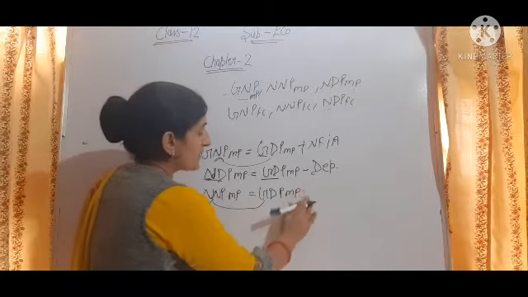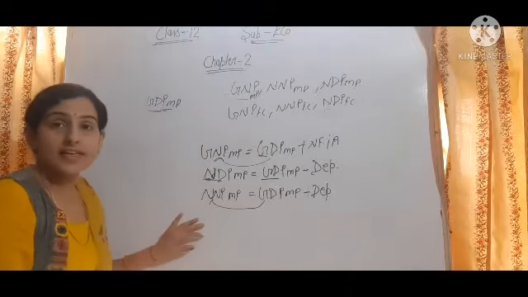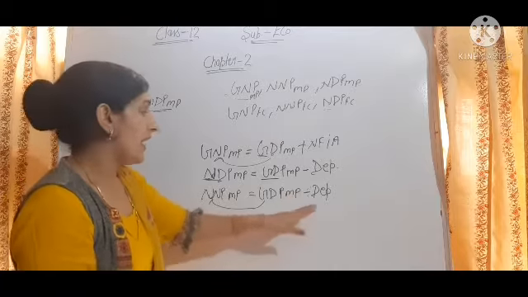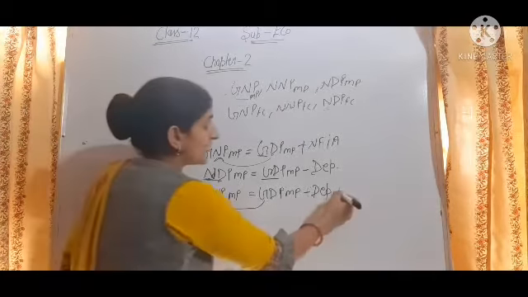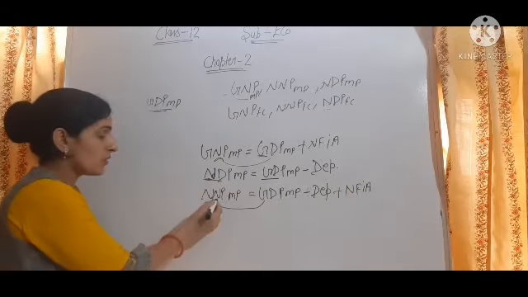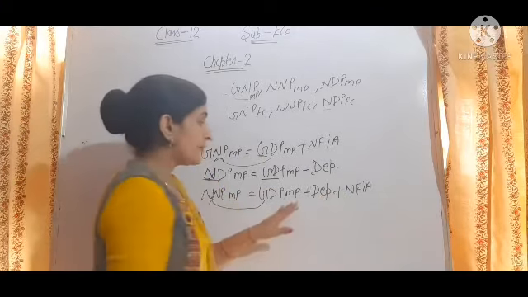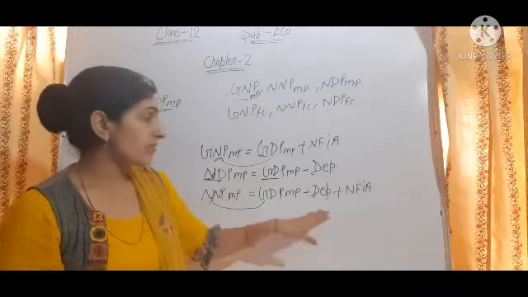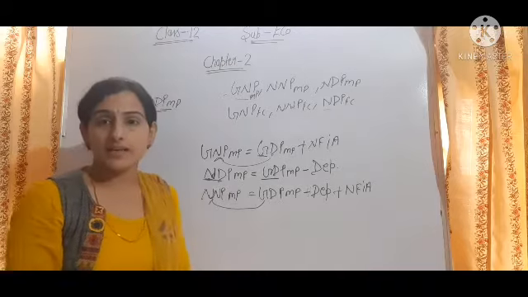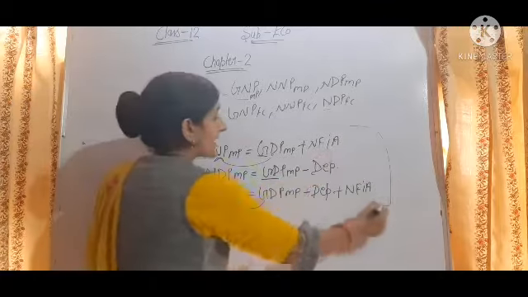Then depreciation will be excluded, exclude means उसको निकाल देंगे, depreciation को हम निकाल देंगे, and what we will include is net factor income from abroad. So this D will become N. So GDP at market price minus depreciation plus net factor income from abroad will become NNP at market price. So these we have discussed at market price.